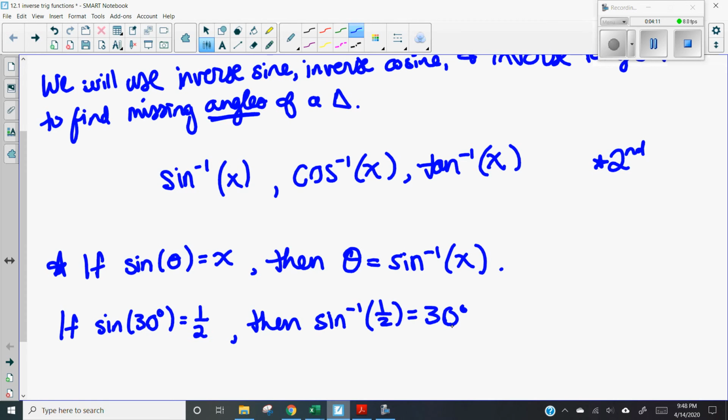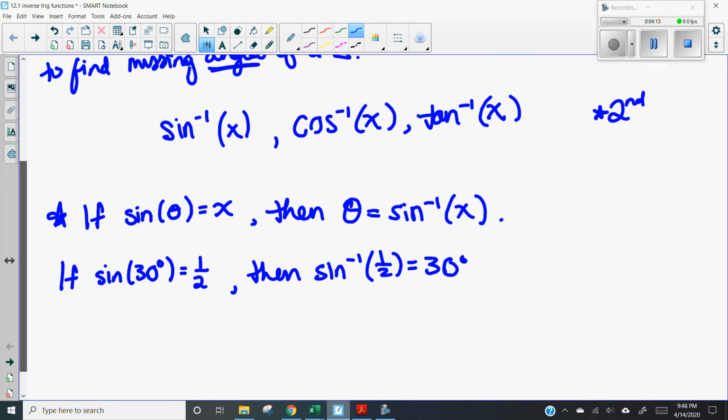Here's what is really going on. You can go ahead and try this, check your mode, make sure you're in degree mode. If you put this in the calculator, you're basically telling the calculator to find the angle. As soon as you hit the inverse button, we know we're looking for an angle. Find the angle whose sine, or whose opposite over hypotenuse, would be 1/2. And the only time that happens is with a 30-degree angle.